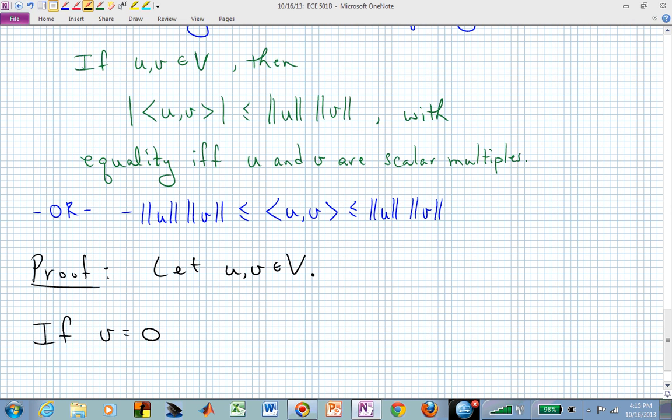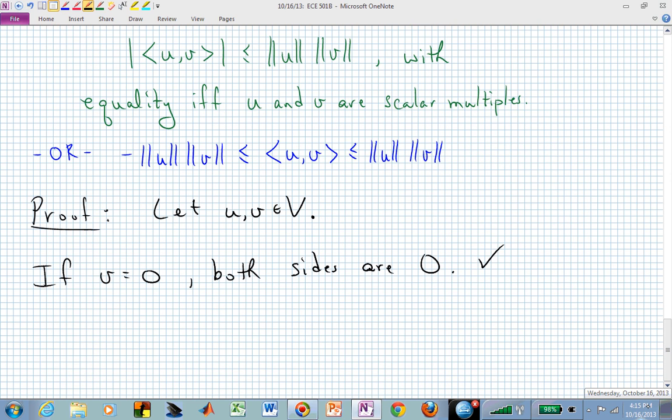If v is equal to 0, then that condition is true, isn't it? We have 0 is less than or equal to 0. So both sides are 0, and that's valid. So let's look at the other case where v is non-zero.